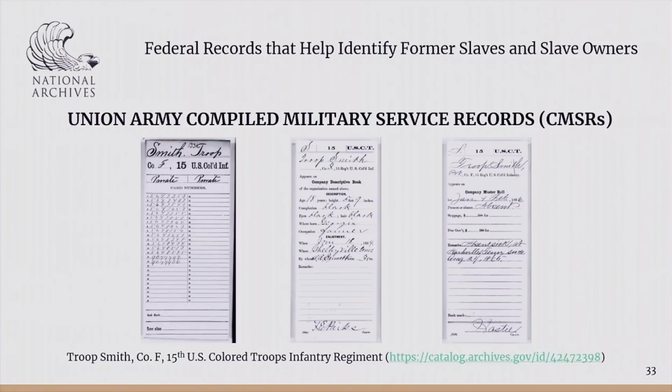The card on the right is just one of the company muster roll cards in that file. It indicates he was absent from duty in January and February of 1866 because he had been sick in Nashville, Tennessee since August of 1865. So he was probably not actually with his unit for quite a while there. So that gives you an idea of what a compiled military service record is.